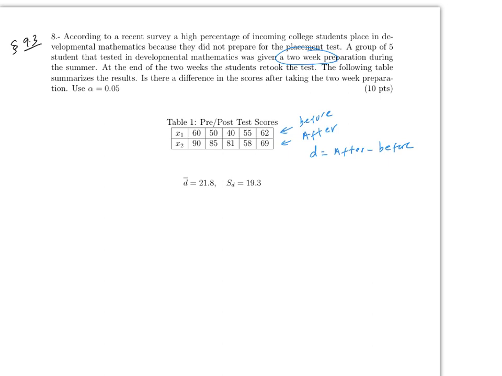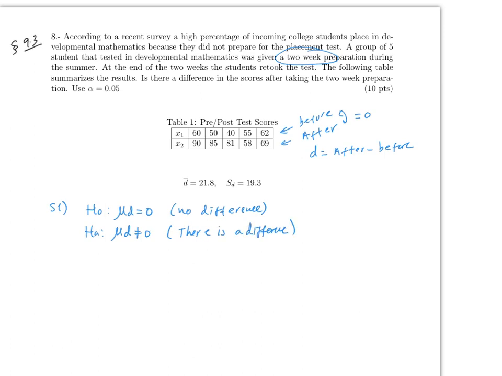If there is no difference, these two will be the same, so you will get 0, and hence step 1 is this: mu D equals 0, which means there was no difference between the original test and the second test. But if you reject that, that means this is not equal to 0, and that means that there is a difference.